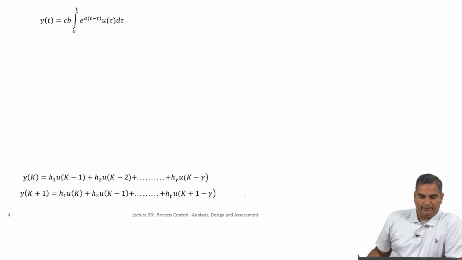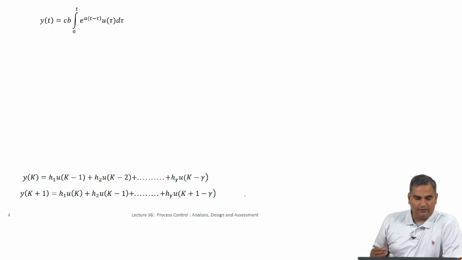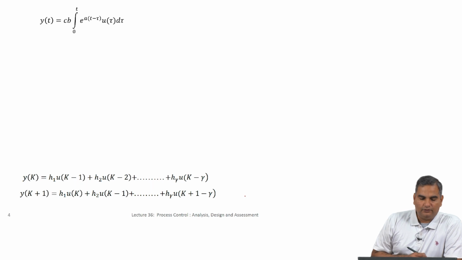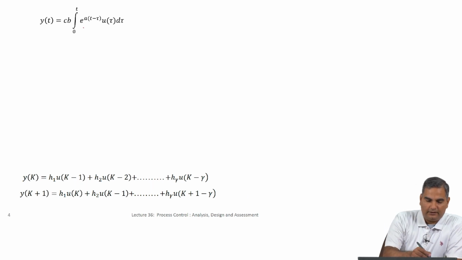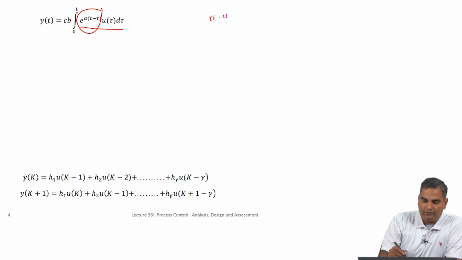Now, let us think about this as a sum, and then look at these terms in a little more detail. This term is a function of t minus tau, and whatever function that is multiplies u of tau as tau goes from 0 to t.